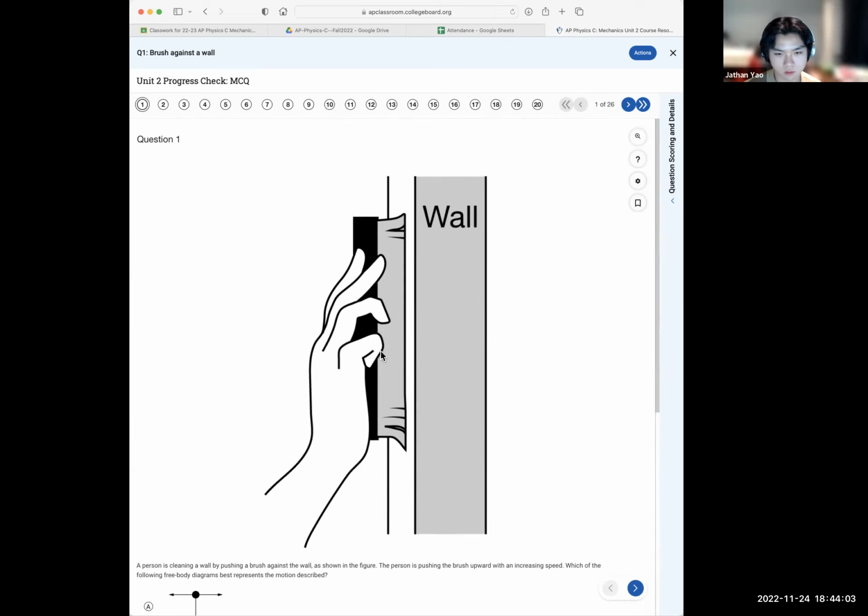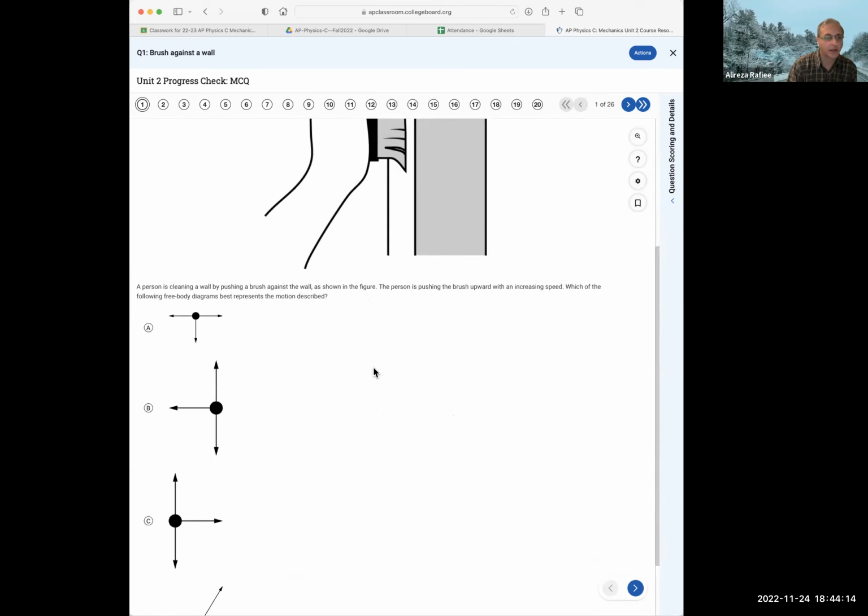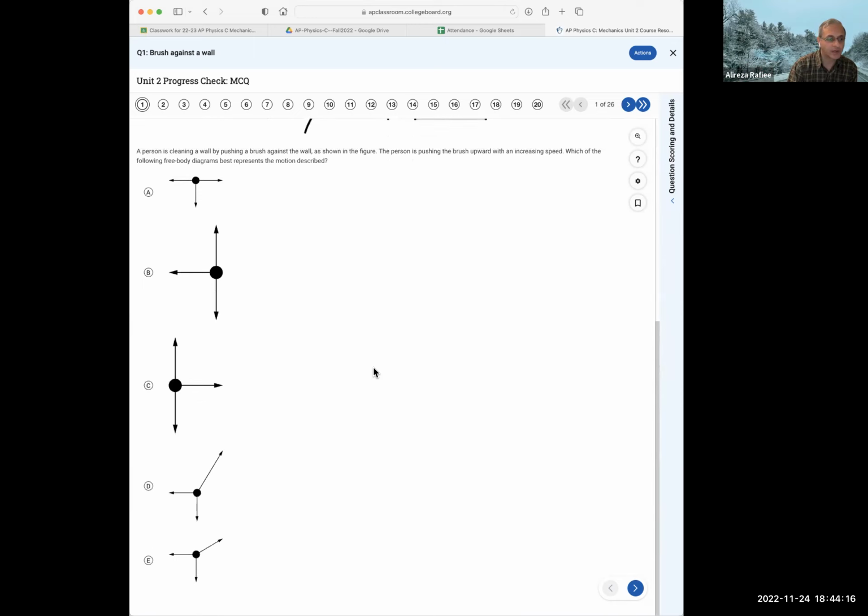No, it doesn't. So the only thing you do by pushing it to the right side is create a normal force acting on the brush, and it's to the left. Okay, so which one do you think is the answer? A, B, C, D, or E?